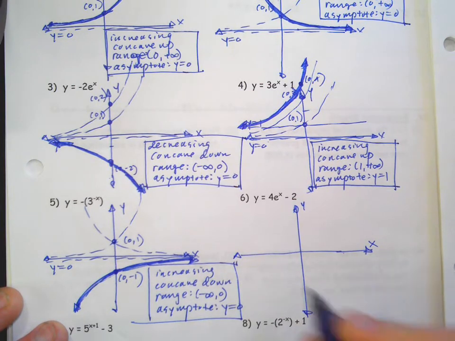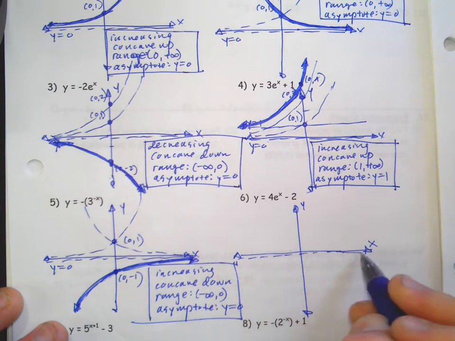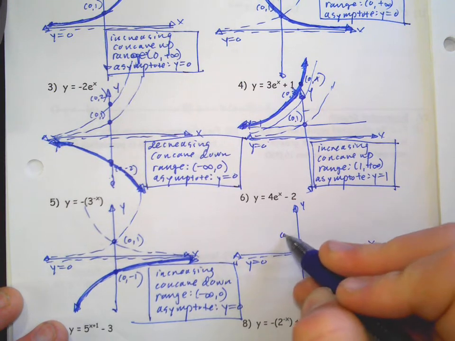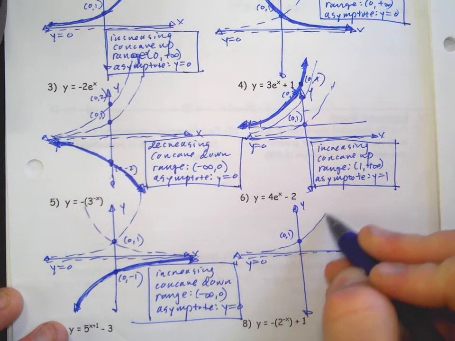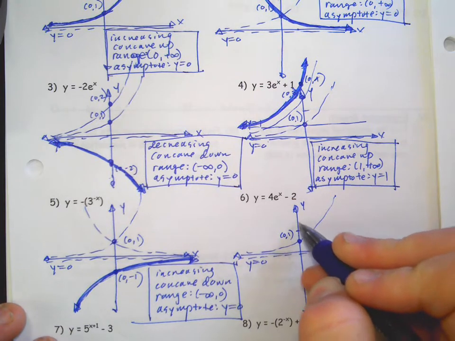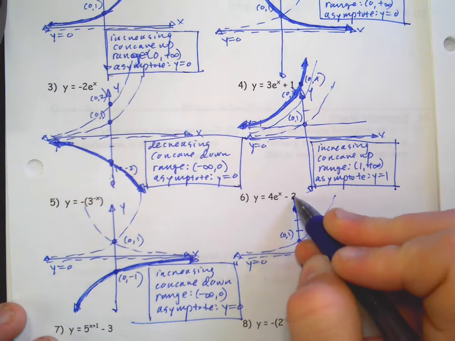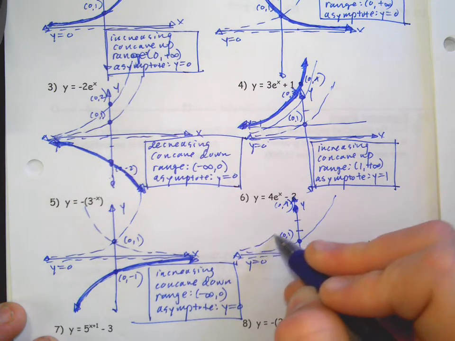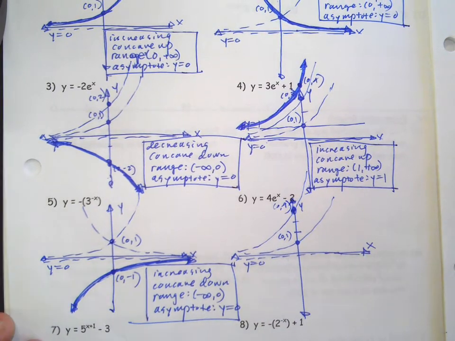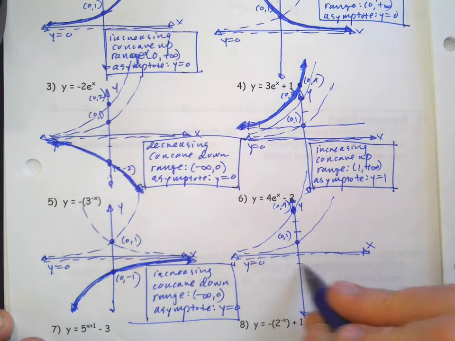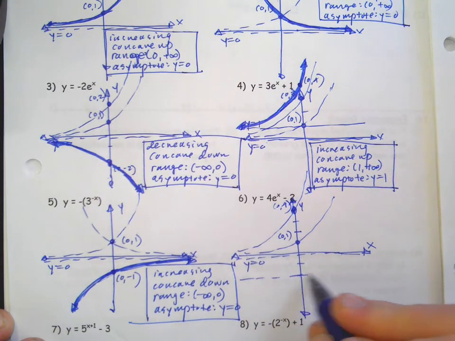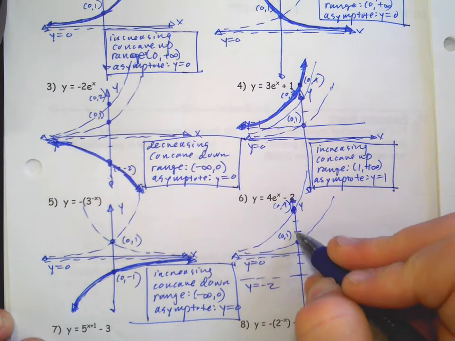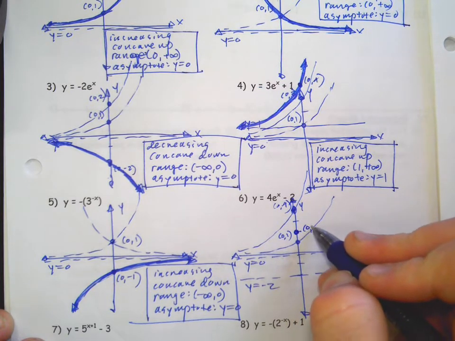So the next one is horizontal asymptote, y equals 0, 0, 1, parent function. Now the 4 goes 2, 3, 4. So now we're at 0, 4, so that makes it a lot steeper. And then the minus 2 moves everything down 2. So now we're at y equals negative 2, and this is now here at 0, 2.